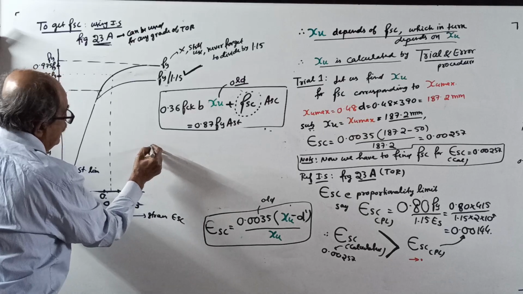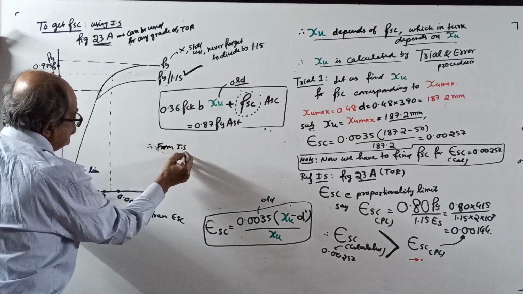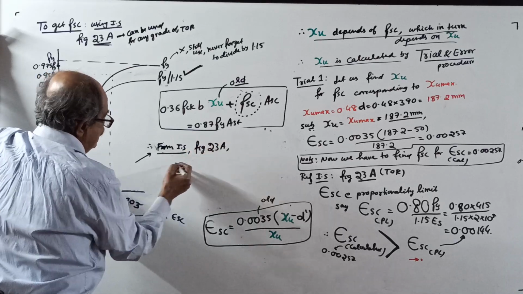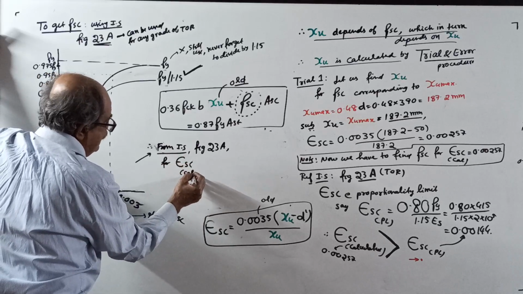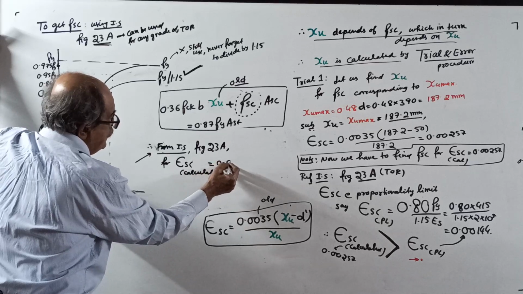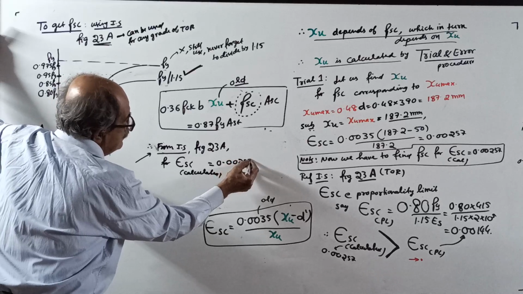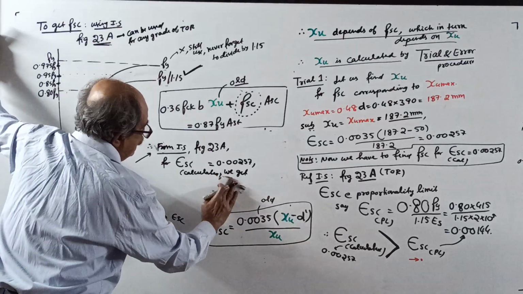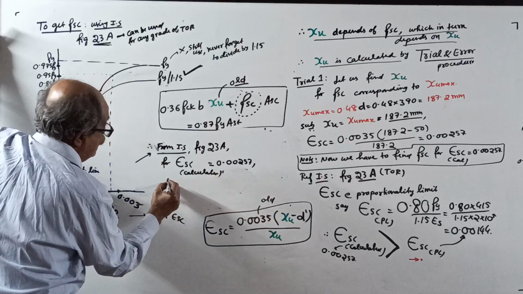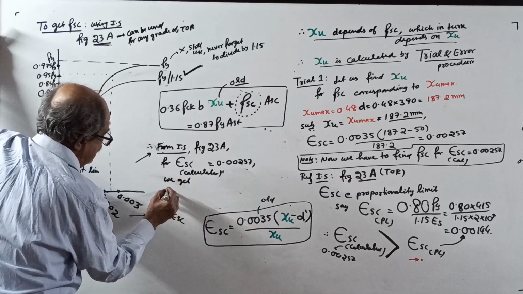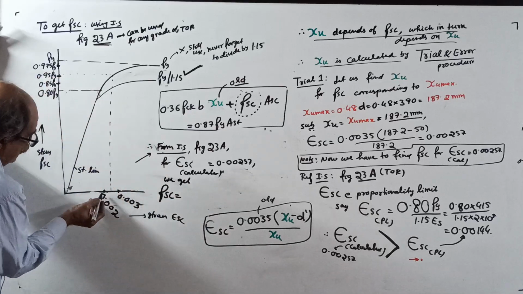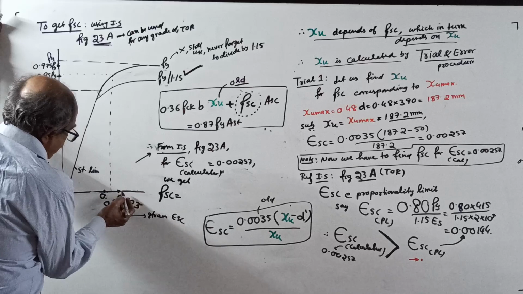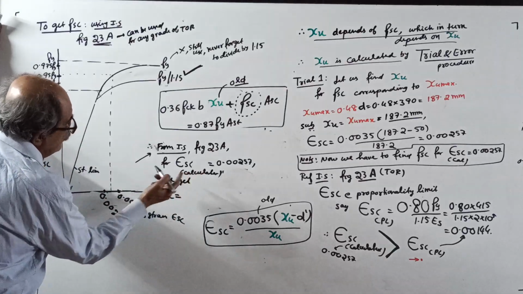Therefore, from IS code, using figure number 23A, for epsilon sc calculated equal to 0.00257, we get Fsc equal to, see here, 0.002, 0.0025, it is 257, almost 26.